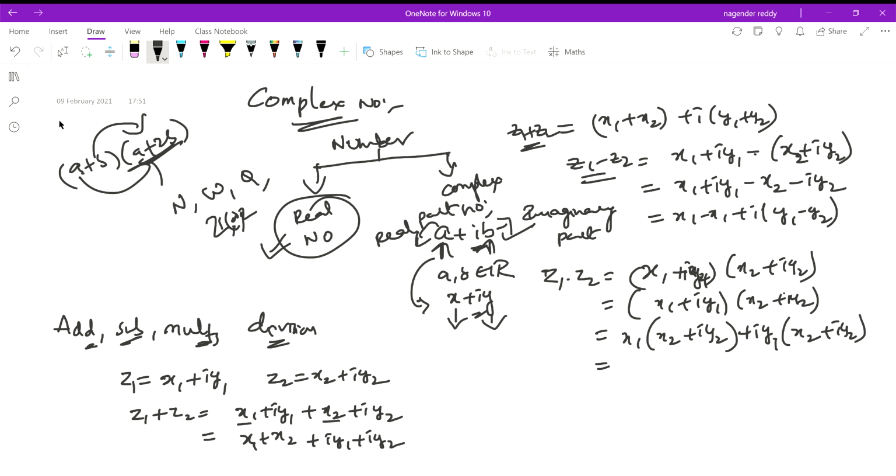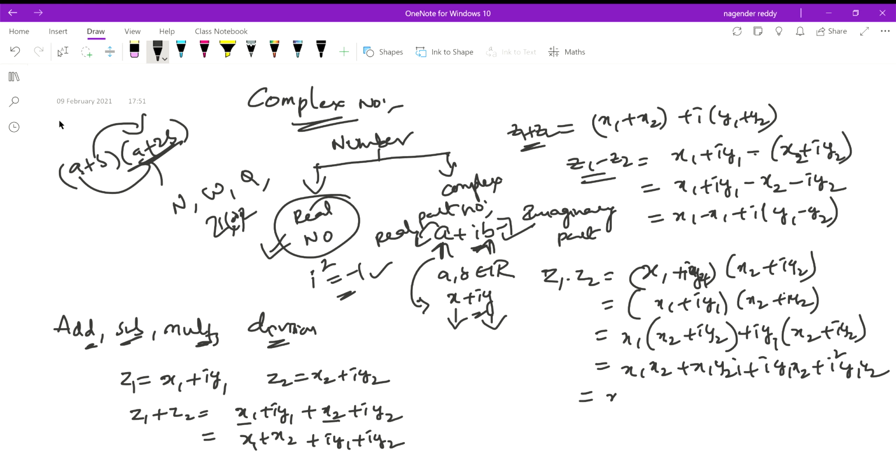Now x1 into x2 is x1 x2, plus x1 y2 i, plus i into y1 x2, plus i into i square y1 y2. Compulsorily in complex numbers, i square gives you minus 1. i square is defined as minus 1 here.